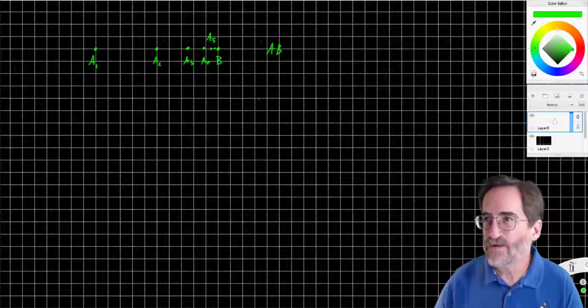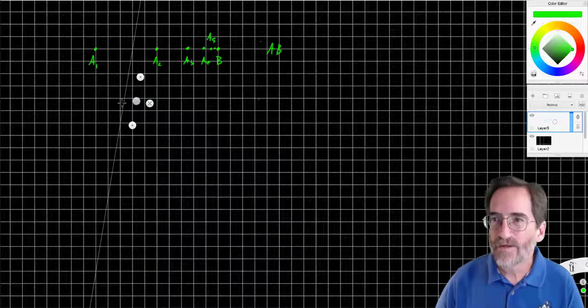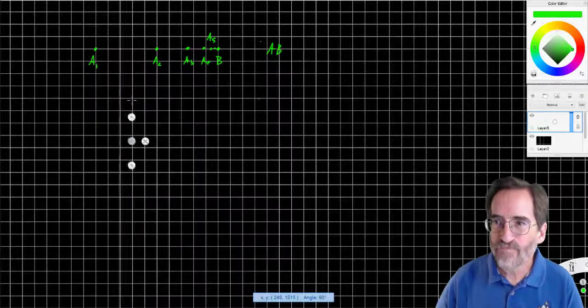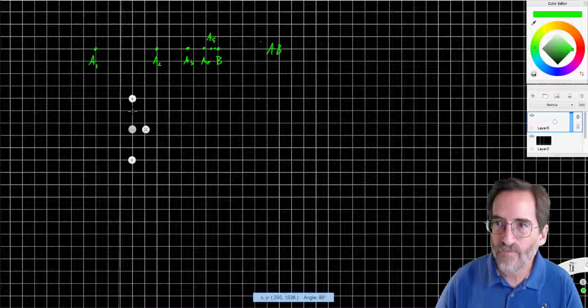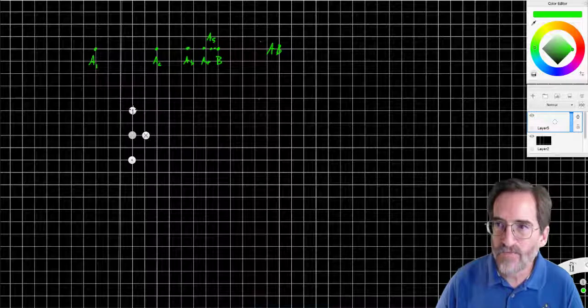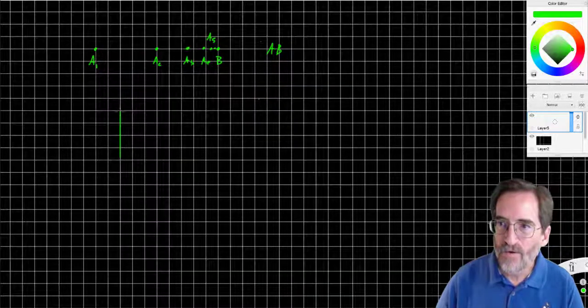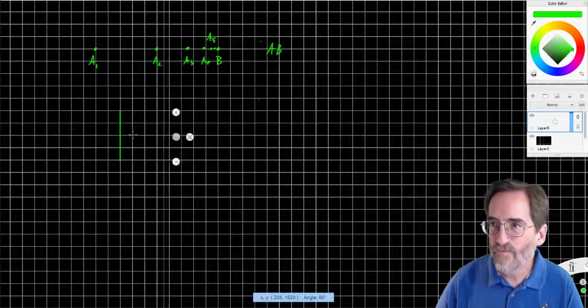Let me give you another example. Let's say we've got a square of side dimensions 1. So a 1 unit square.